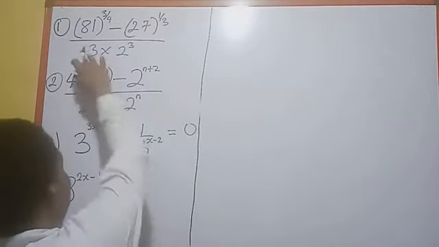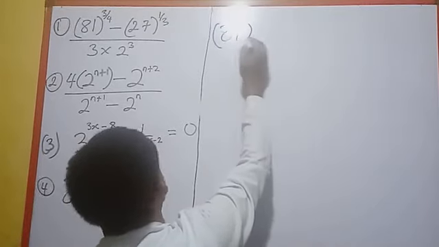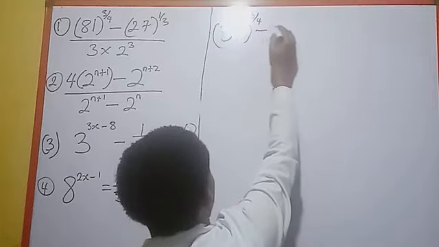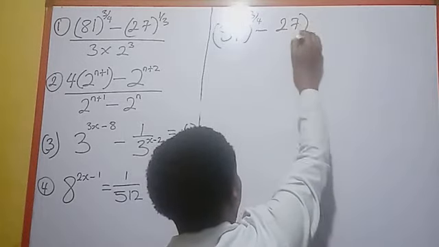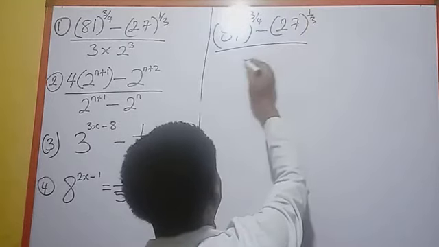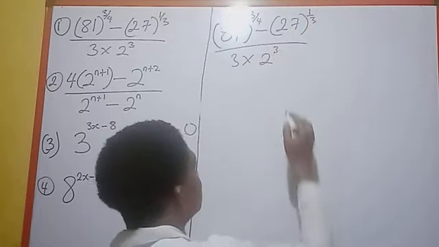The first question: you have 81 raised to the power of 3 over 4, minus 27 raised to the power of 1 over 3, divided by 3 times 2 raised to the power of 3.